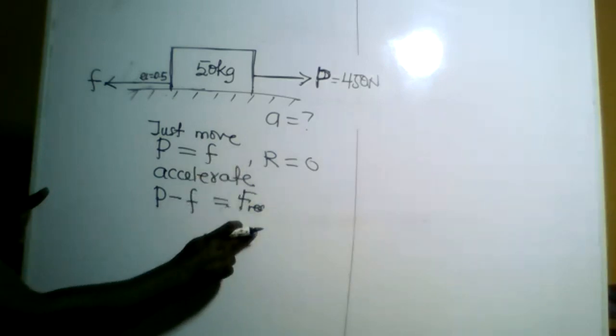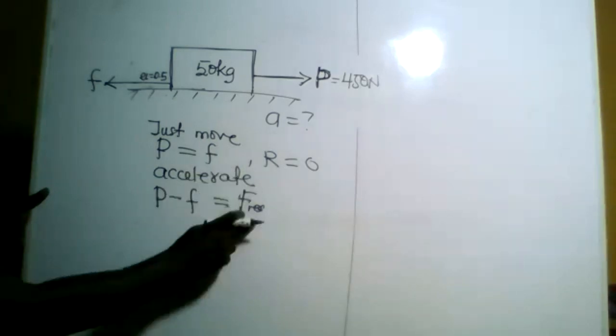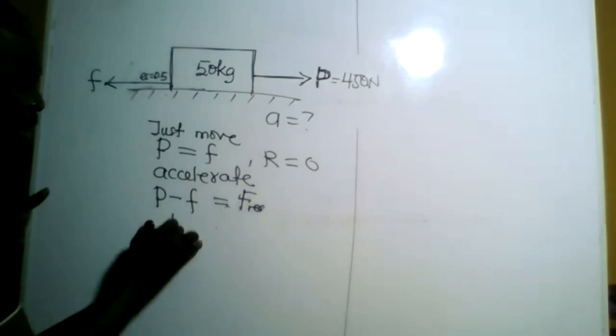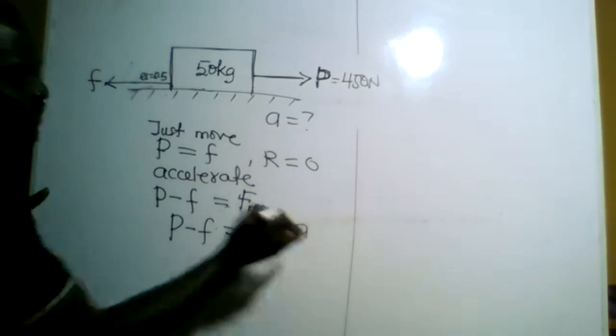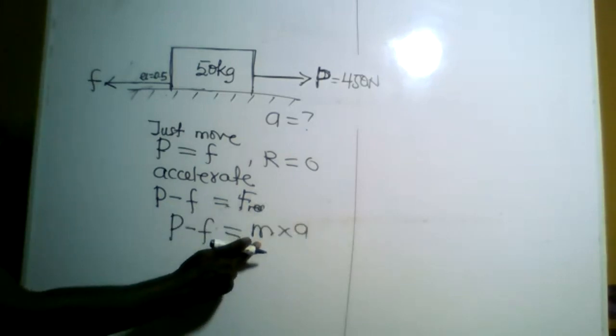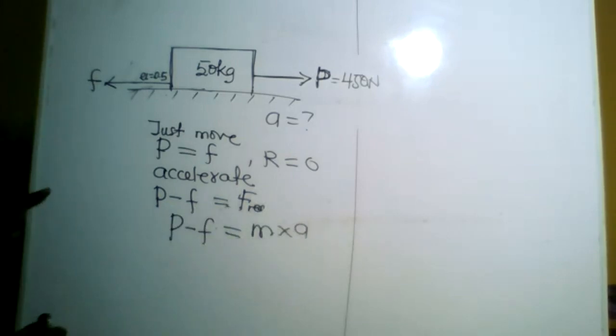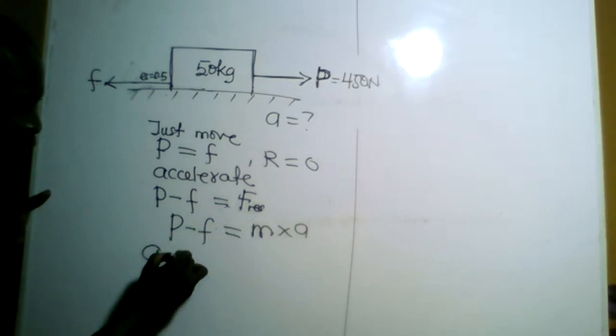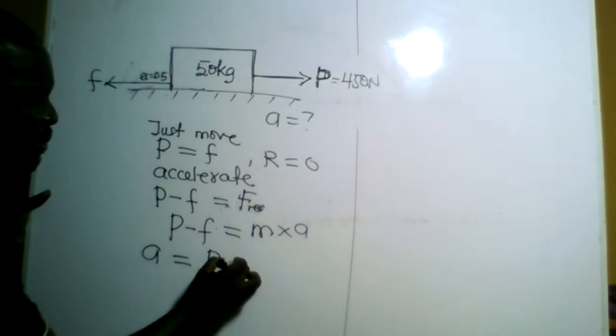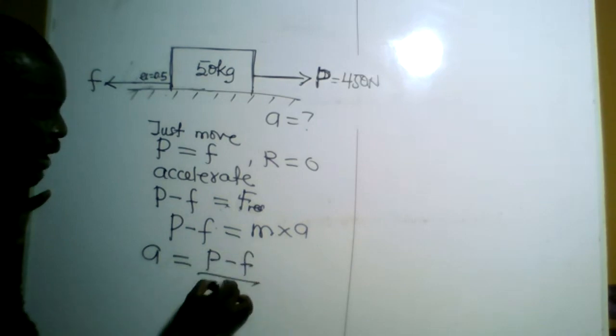It can be resultant force, net force, or unbalanced force. And so P minus F can be equated to M times A, the mass of the body and the acceleration. So if you are looking for acceleration, A will therefore be equal to P minus F over M.